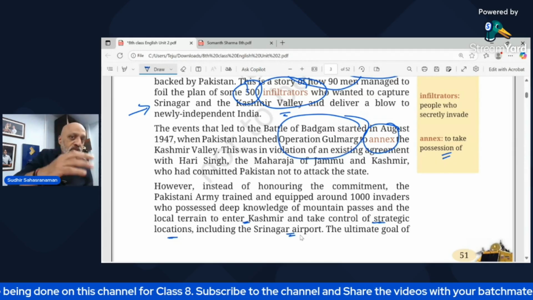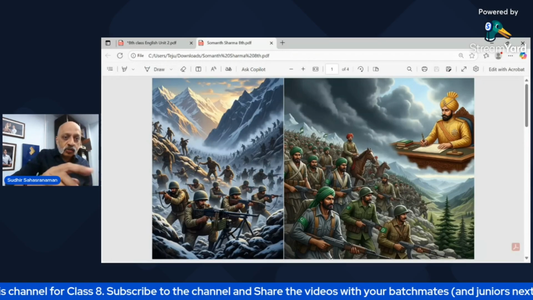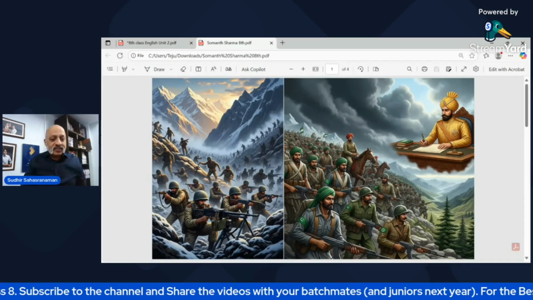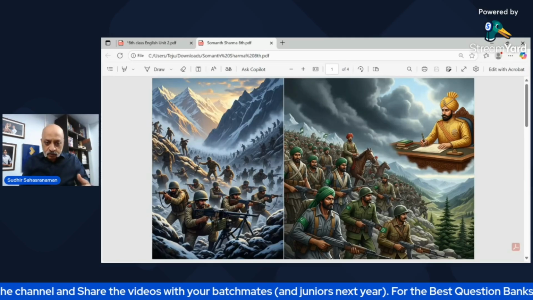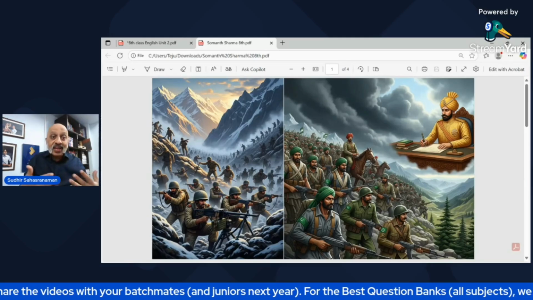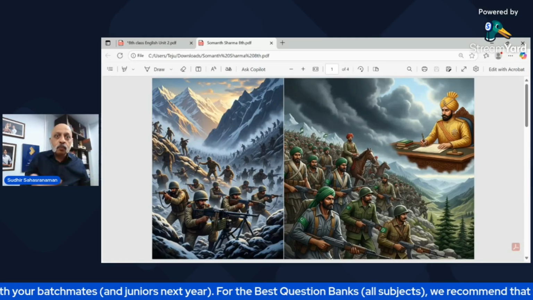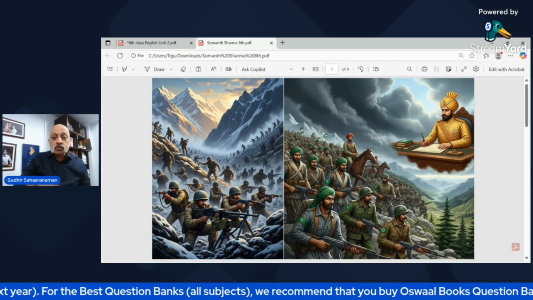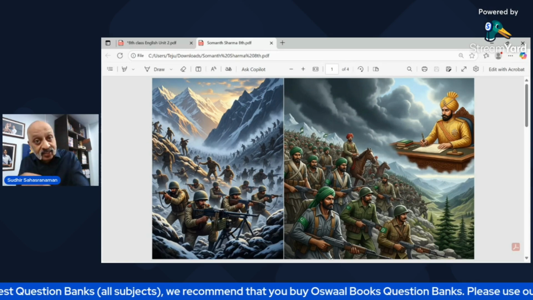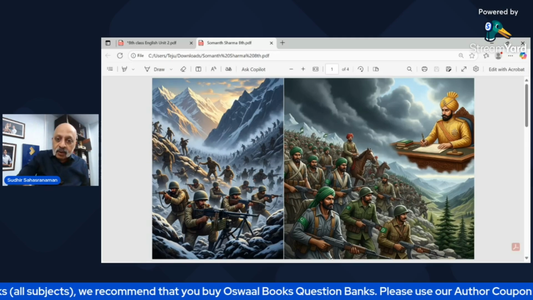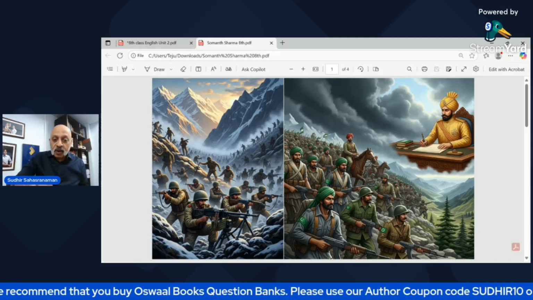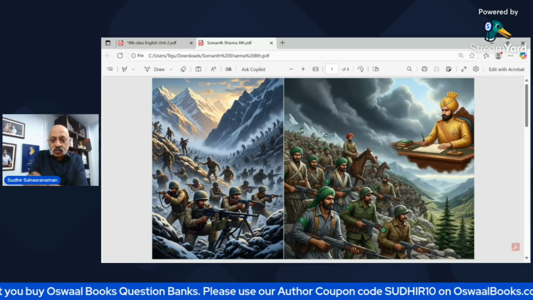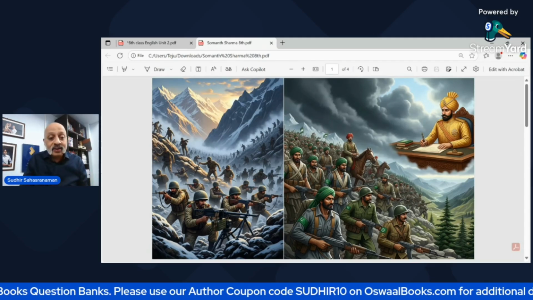Okay, let me show you some illustrations which I have prepared so that you get an idea. On the left hand side, you see these people who are taking on the Indian army. They would be dressed in military fatigues. On top, you see Maharaja Hari Singh, who had signed this particular agreement, but the Pakistanis have all entered the valley.